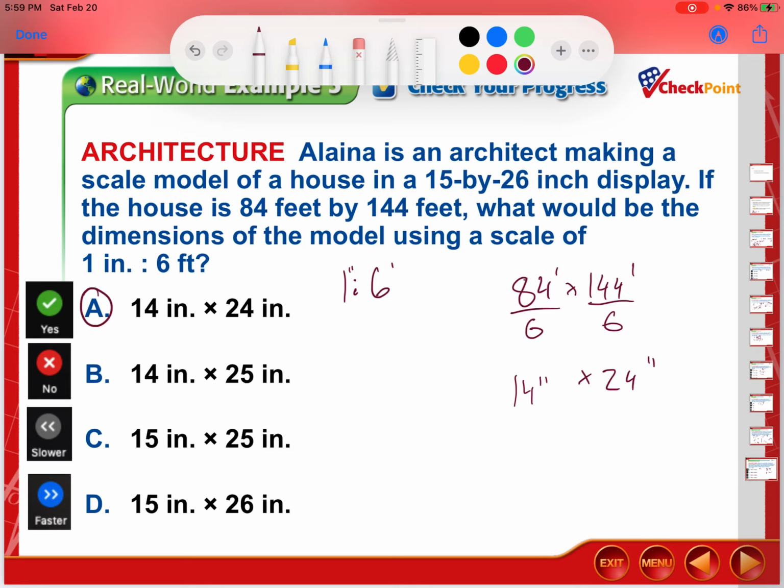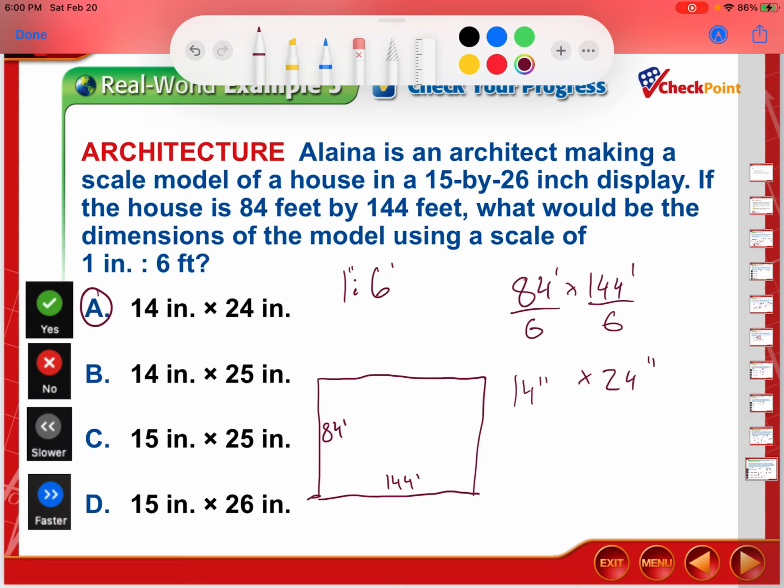And why that works, so if we had a super big house that's a perfect rectangle, because these people are weirdos. So we have 84 feet by 144 feet, and now our scale is 6 feet is 1 inch.